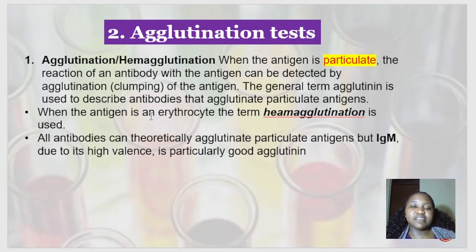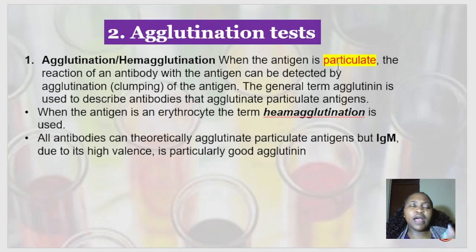Now, those are precipitation tests. We have agglutination tests. With precipitation tests, we were coming from soluble antigen plus antibody forming an insoluble precipitate. But we also have antigens that are in particulate form, or whole cells, or already insoluble by themselves.